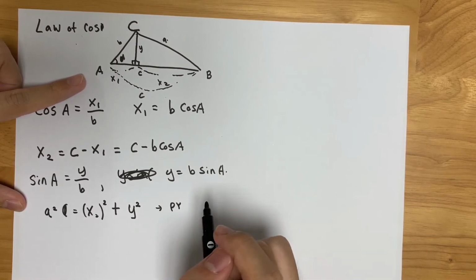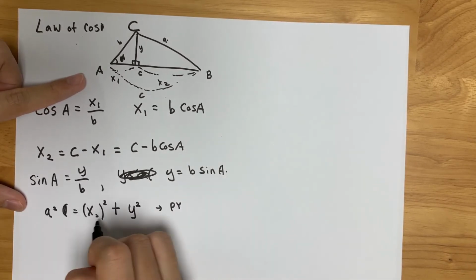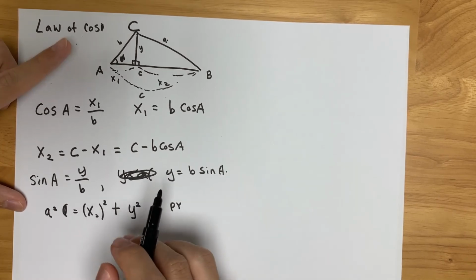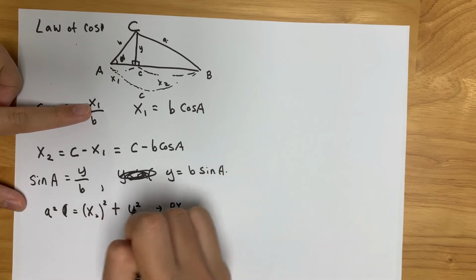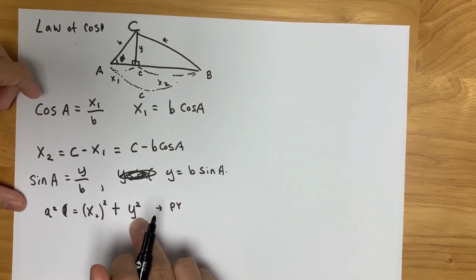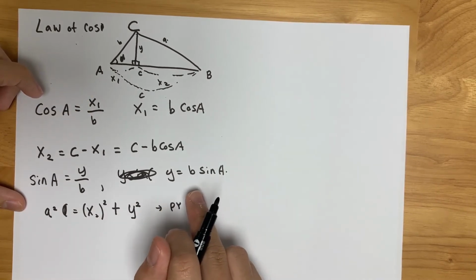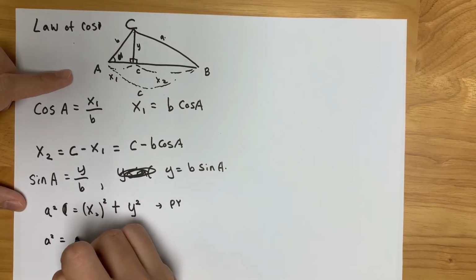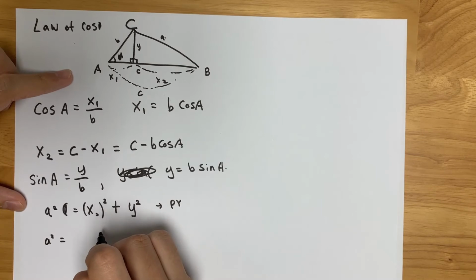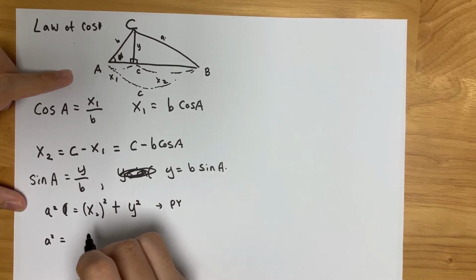Pythagorean theorem. So then we know that x2 is equal to c minus b cosine A, and y is b sine of A. Then a squared is equal to, what is it?